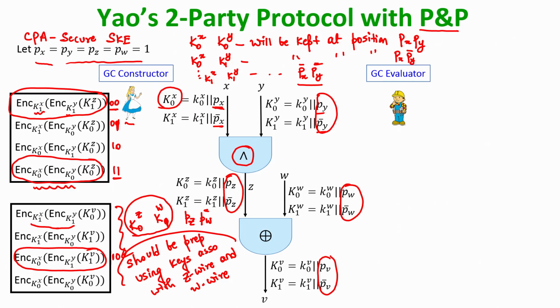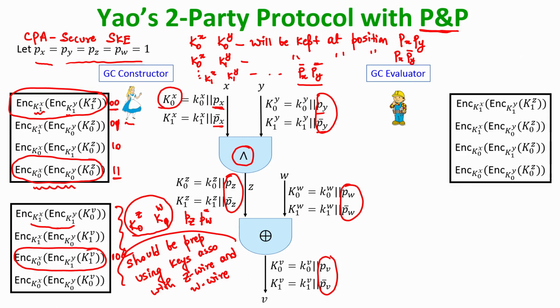If the permutation bits would have been something else, then that would have automatically shuffled the position of the ciphertexts. So, that is the only difference compared to our regular garbling, and just associating these simple permutation bits automatically allows us to get rid of the special correctness property that we required from our symmetric key encryption in our earlier garbling scheme.